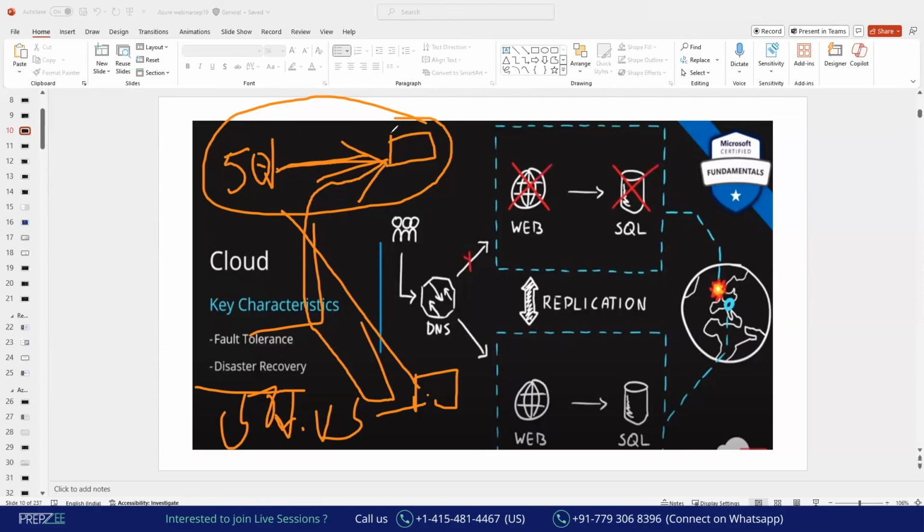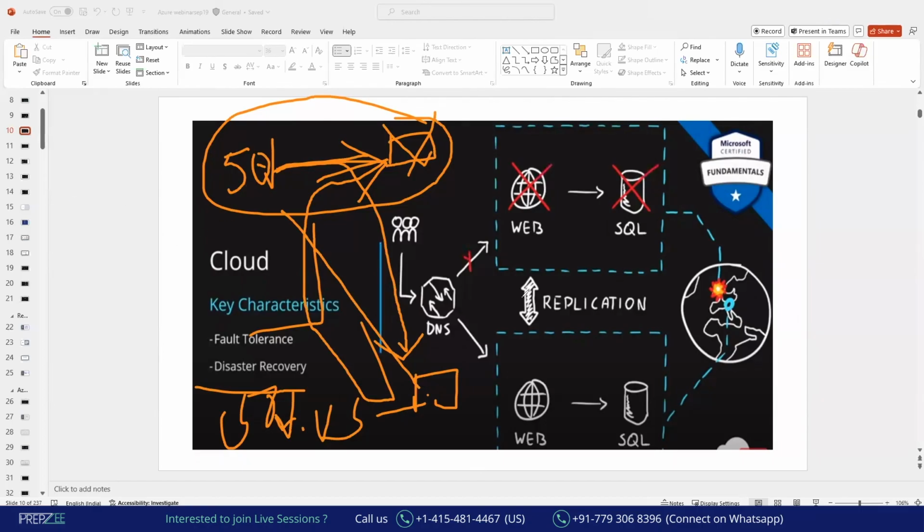Now, let's say this machine in India went for a toss. As the replication is already there in the US, users will not face any problem. Yes, they might face a little performance problem, which is okay at that point of time, but users are not completely cut off. Correct? They're still able to manage their resources.